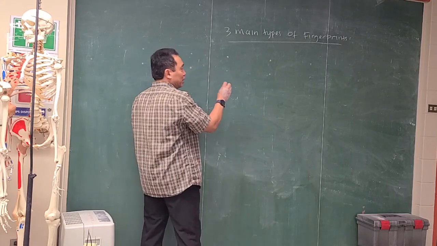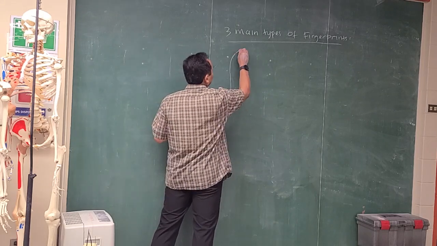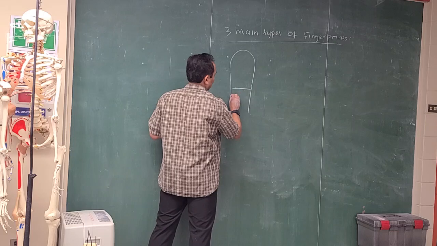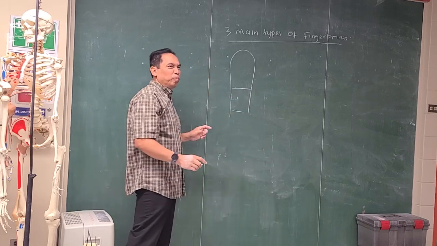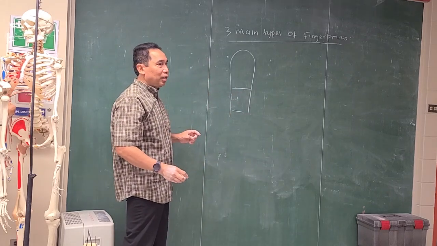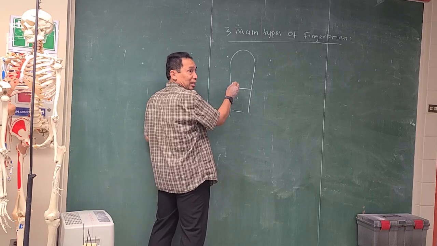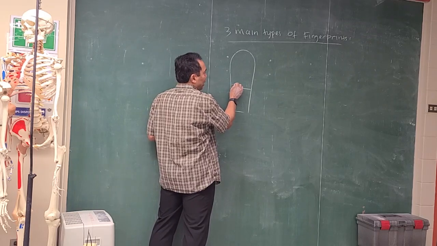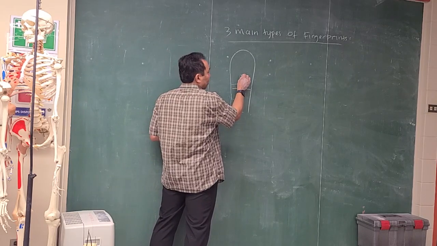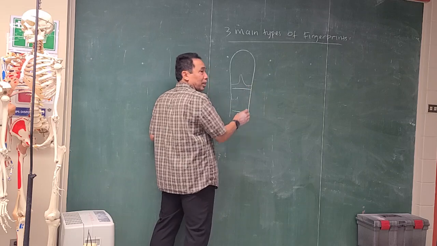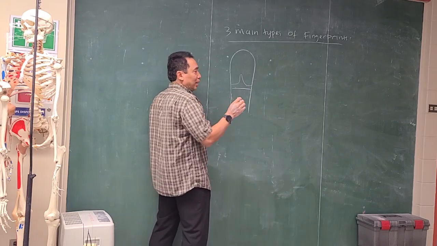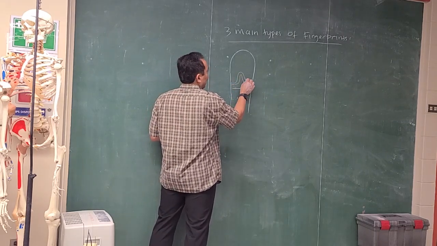Okay, the first type looks like this. Let's say this is your finger. The first type, you're going to see the line going from one side and ending at the other side. From one side to the other side.